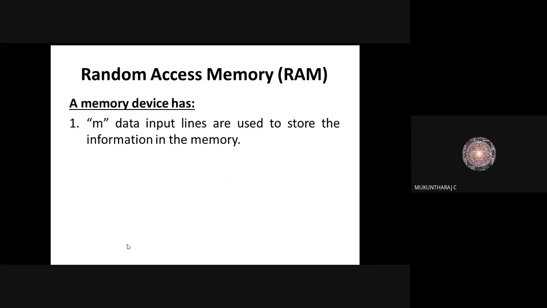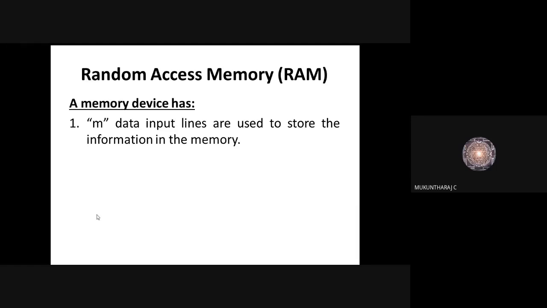And as seen in the block diagram, the M data input lines are used to store the information in the memory. The data input lines are represented as M, so M defines the length of the input data. It may be 4-bit, 8-bit, 16-bit, 32-bit, or 64-bit, whatever it may be.